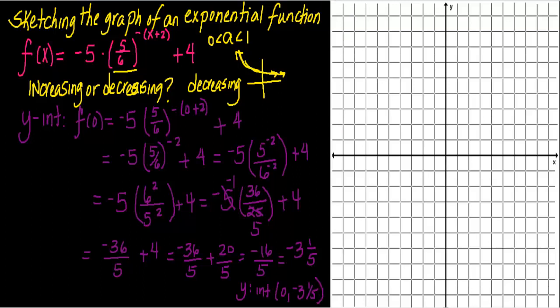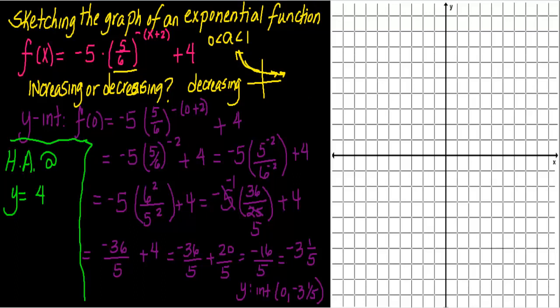Okay, now let's do the horizontal asymptote here to the side. The horizontal asymptote is going to be located at plus 4, y = 4. Okay, now we have all the information we need. We can start plotting on our coordinate plane.